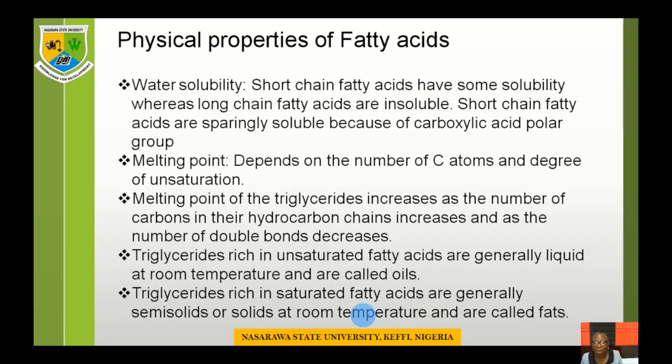So those ones that are generally liquid at room temperature are called oils, and they are liquid at room temperature because the triglyceride contains more of unsaturated fatty acid, and when they are solid, you know that they contain more of saturated fatty acid. So the longer the chain, the higher the melting point, and the shorter the chain, the lower the melting point.